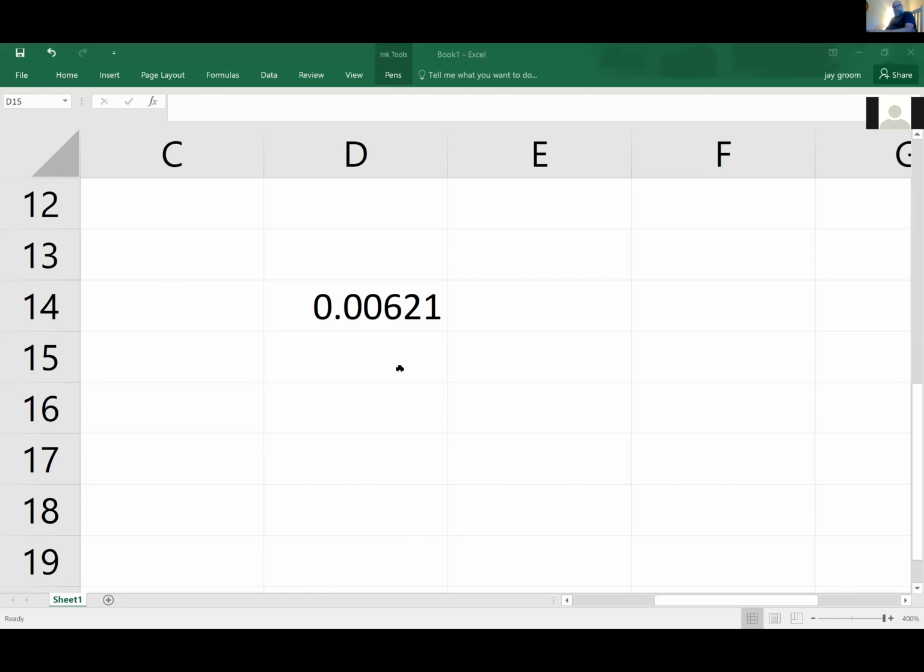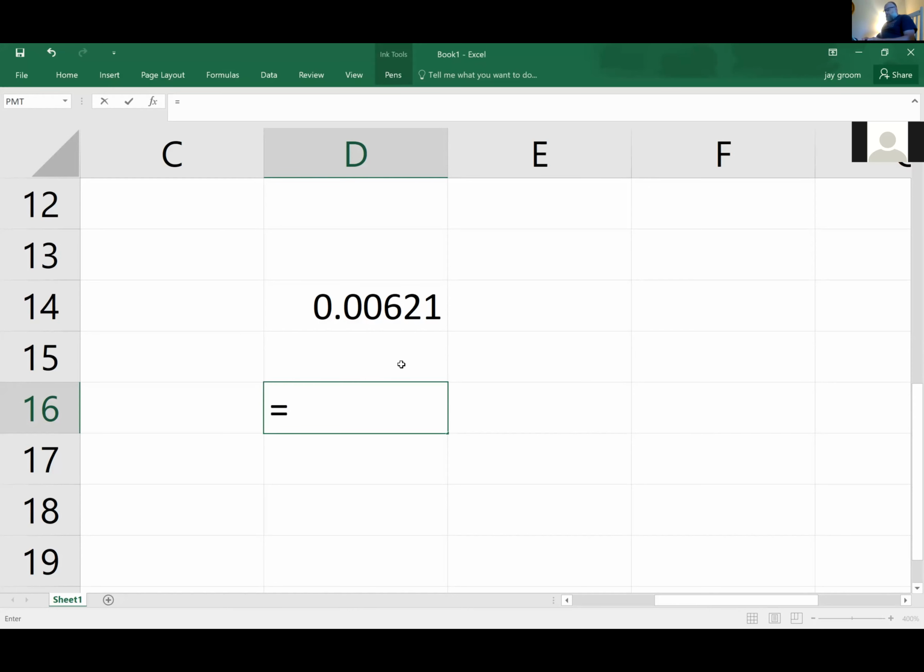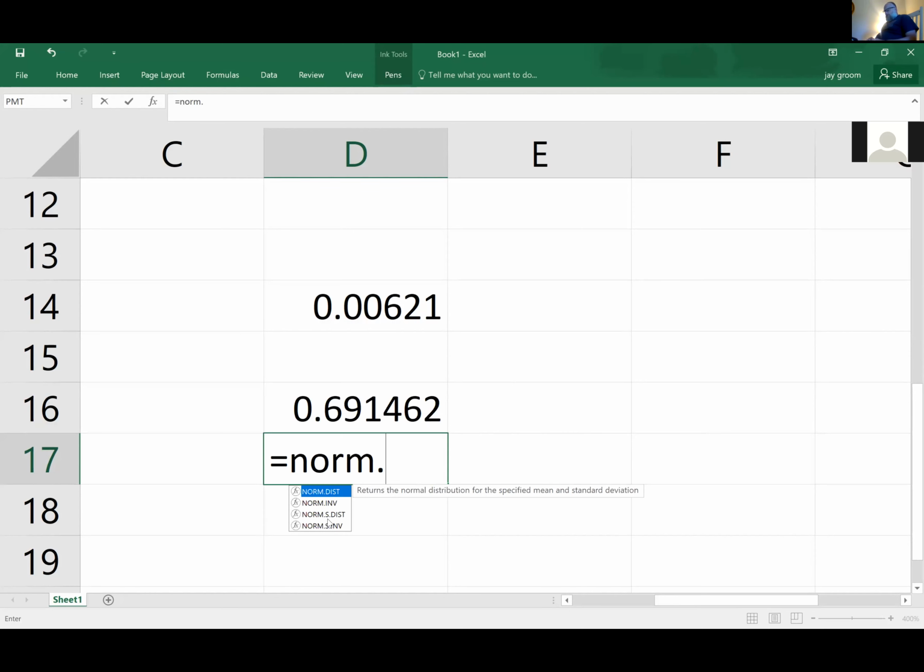So in Excel, it's going to look like this, equals norm dot s dot dist. Now I'll do it in 2 pieces. I'll do it 2 ways. I'll do the 0.5, I guess, first. All right, so from there, from 0.5 on down is 69%, and then equals norm dot s dot dist, and negative 3/4.